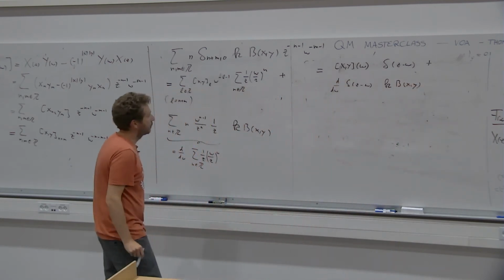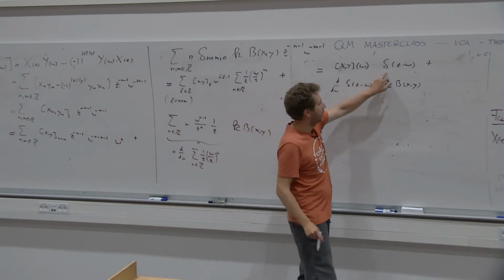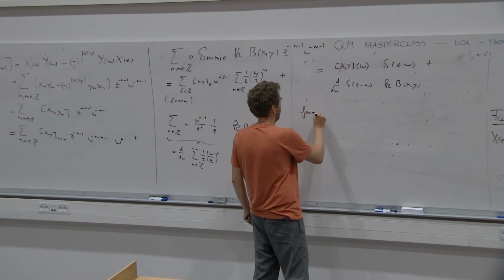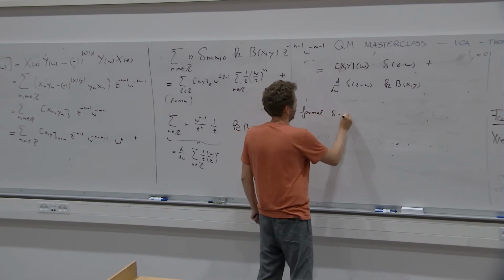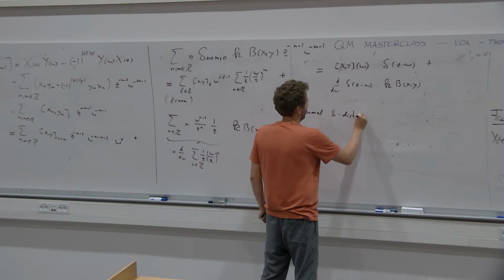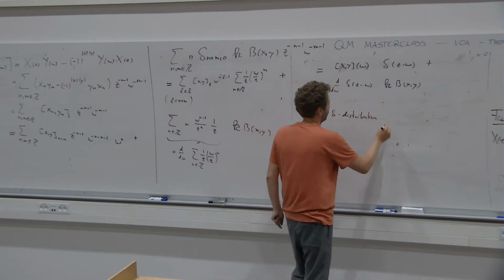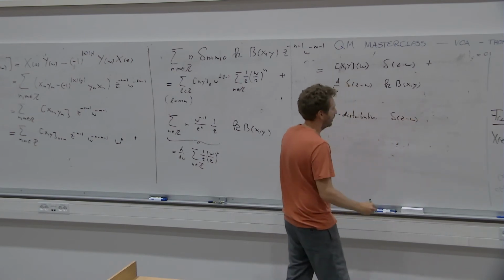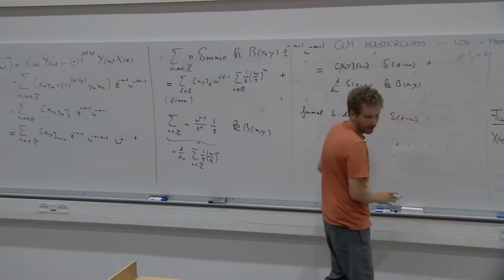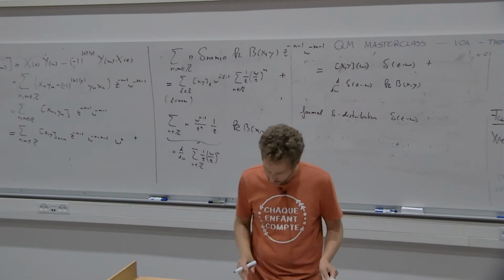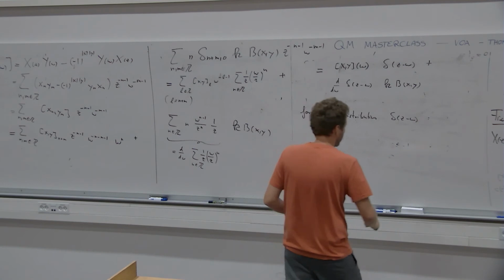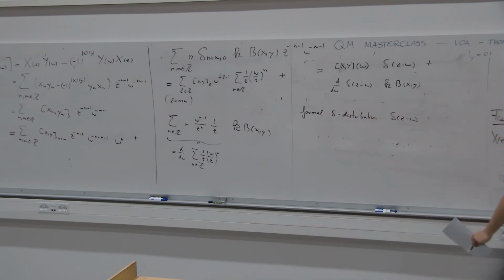Okay, so this thing here is called the formal delta distribution. And the name is justified by the following property. So let's do a quick computation that justifies this property.